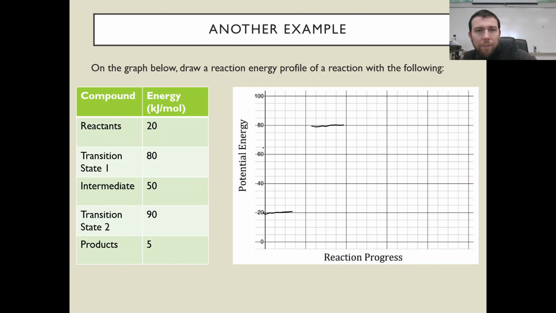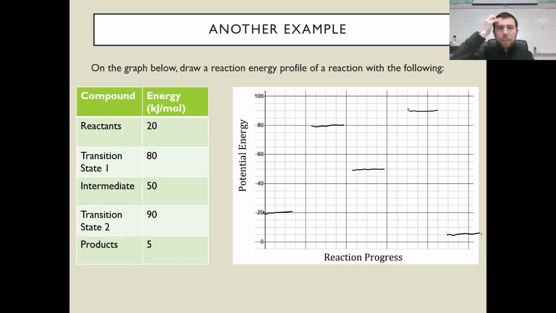So the intermediate's going to be somewhere in here. My transition state 2 has an energy of 90. So I'm going to come over here. That's going to be somewhere in here. And then my products are at an energy of 5.